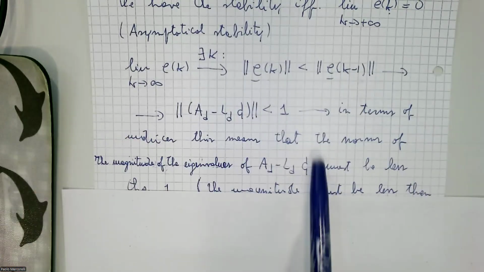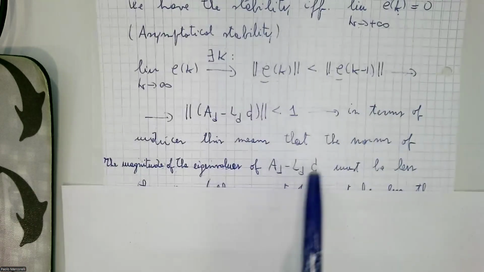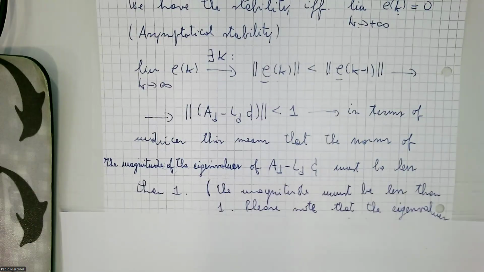And I told you the magnitude of the eigenvalues of this matrix must be less than 1, or colloquially we say that the eigenvalues are inside the unit circle.